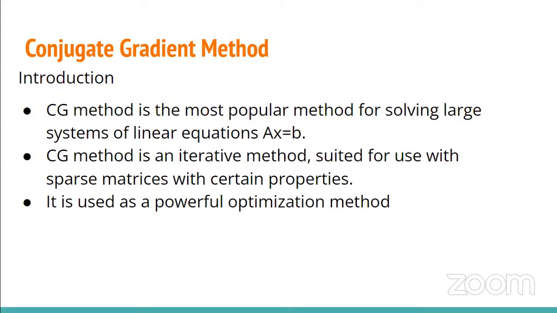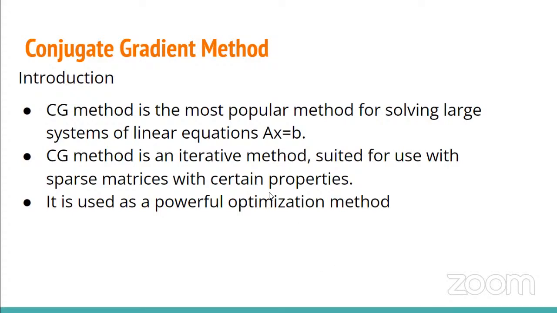So we are talking about the conjugate gradient method, a popular method for solving large systems of linear equations, Ax equals b. It is an iterative method. We've discussed direct methods like Gaussian elimination.